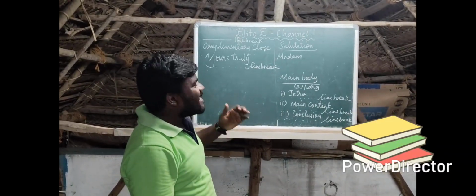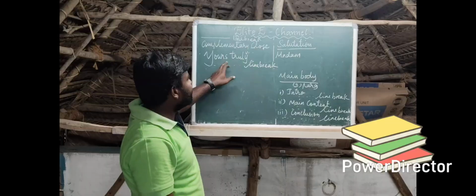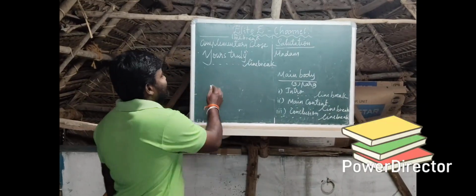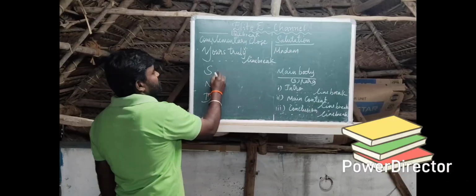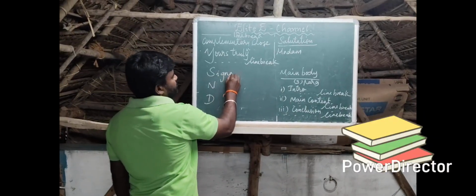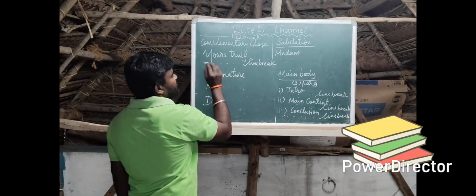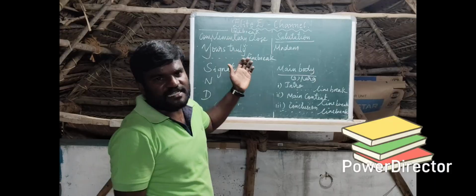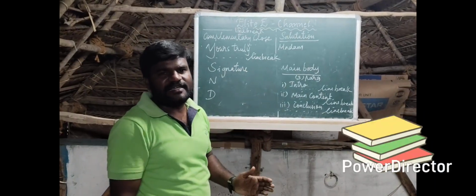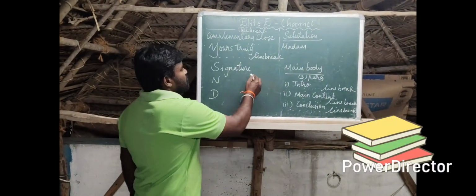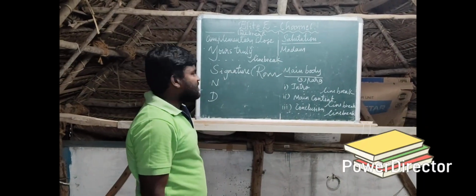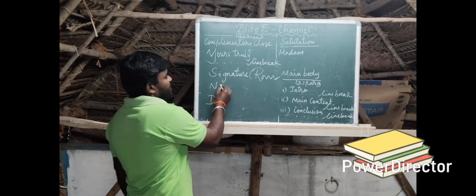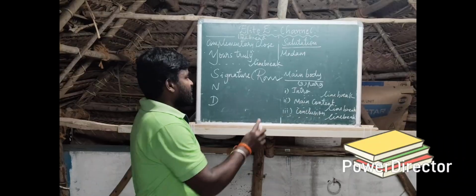So what is the exact thing we have to use after the complementary clause? SND. S stands for signature, the name of the person who is writing this letter. It is about Raman. So there will be a signature followed by the name. The name should be in capital letters.